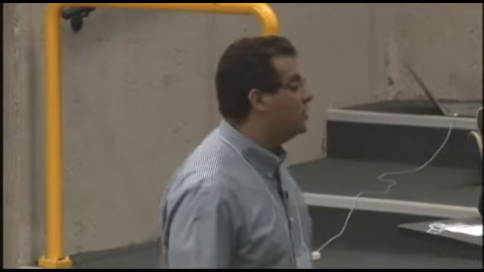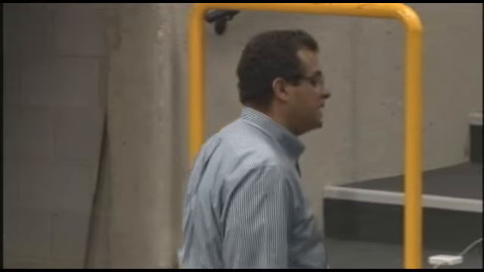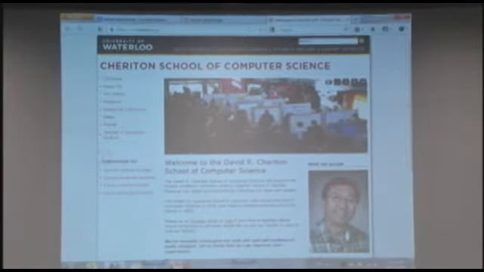How does Google know about all the pages on the web? The answer is that pages on the web link to each other, and Google will find all the pages on the web by following these links. So if I go back to the School of Computer Science homepage, I'll see that it has a link up here that says Our People.